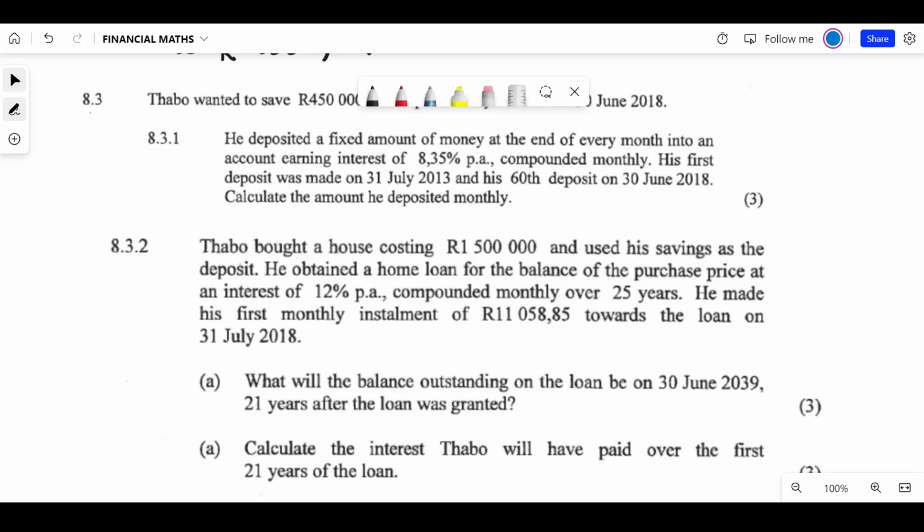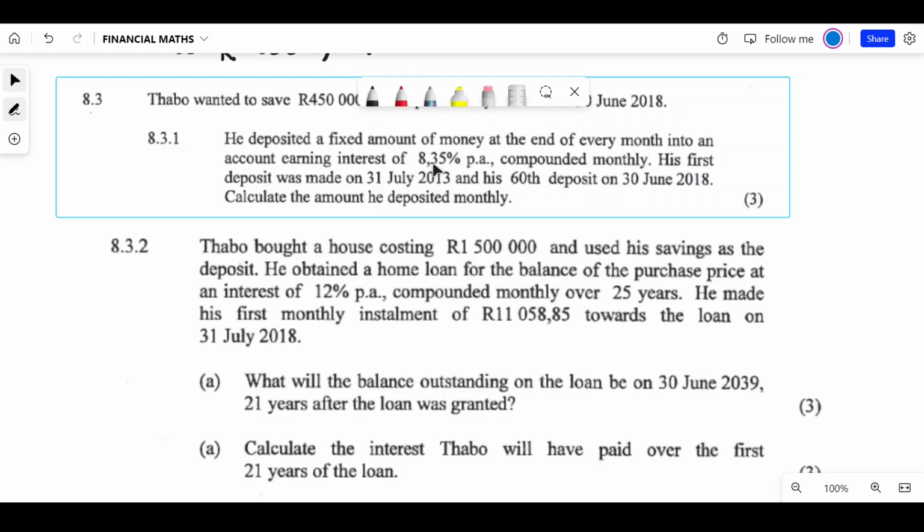In this case, the problem is about obtaining a home loan and paying it back over 25 years. This means the sum of money is obtained at present. So you cannot use the same future value formula that you used in 8.3.1, because there he was depositing a fixed amount of money to get a sum in future.